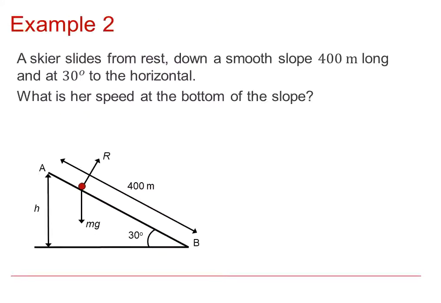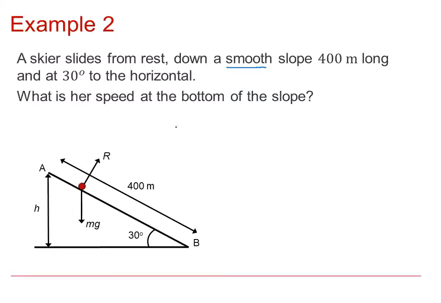So here we have a skier who slides from rest down a slope 400 meters long at an angle of 30 degrees. What is her speed at the bottom of the slope? The important thing here is that it is a smooth slope, so the only force doing work in this question at the moment is gravity.